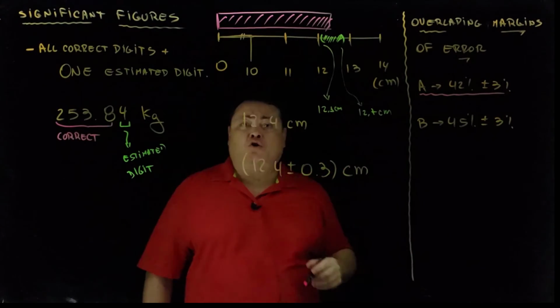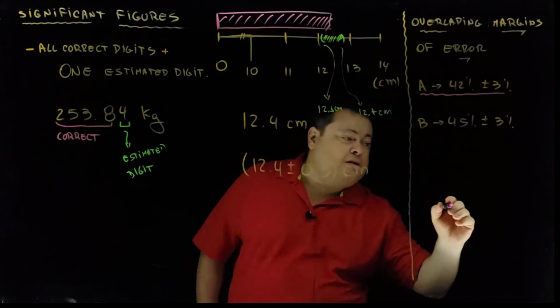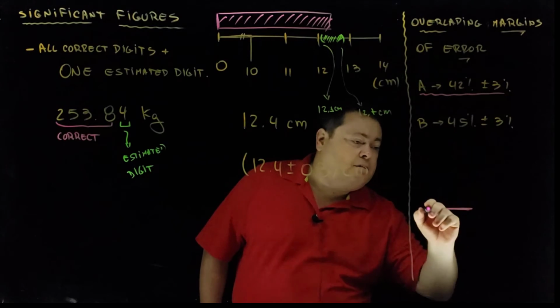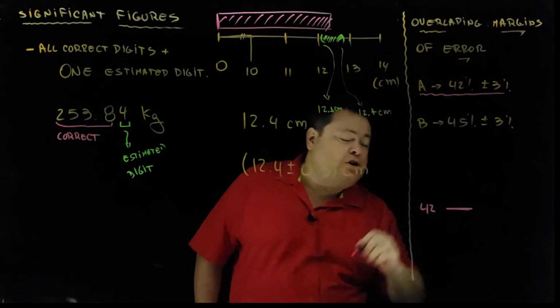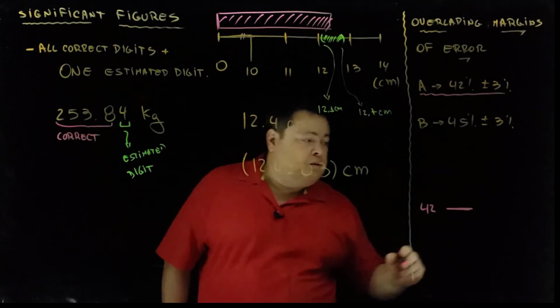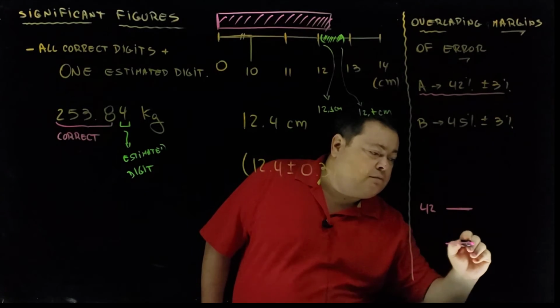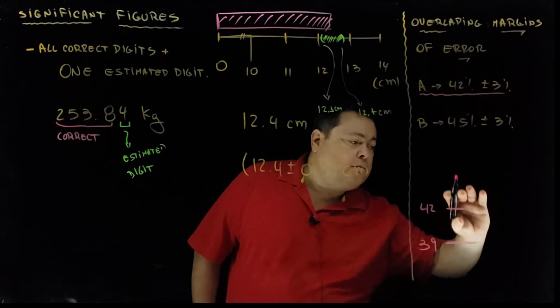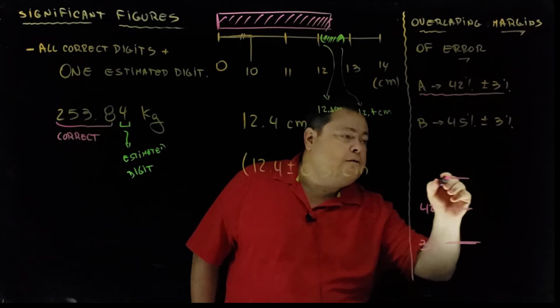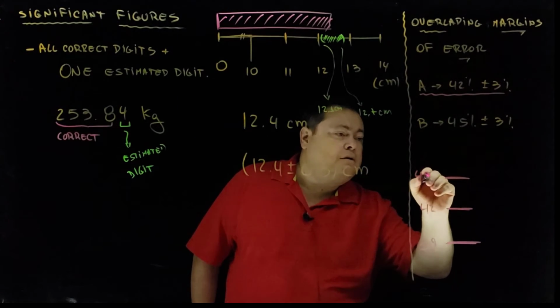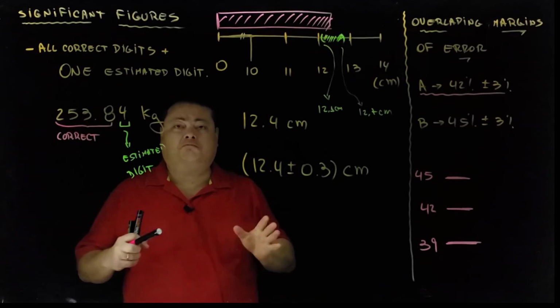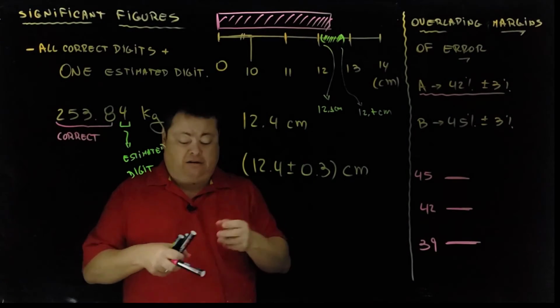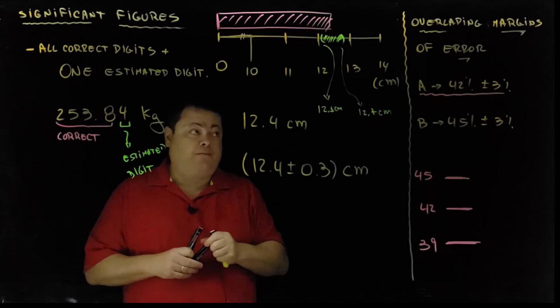So when I say 42 plus or minus 3, what I'm saying is I believe candidate A will get 42% of the vote, but anything between 39 and 45 is okay. It's fair game, and I can claim I was right.